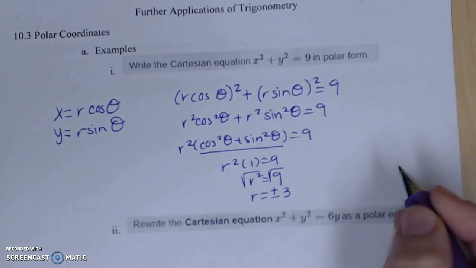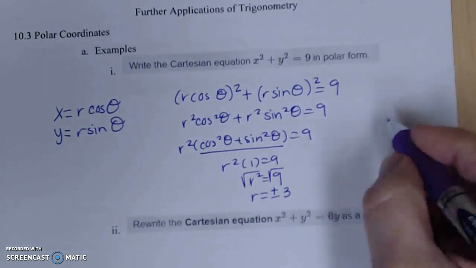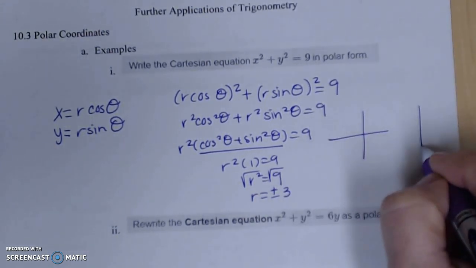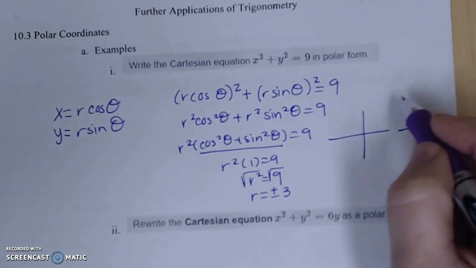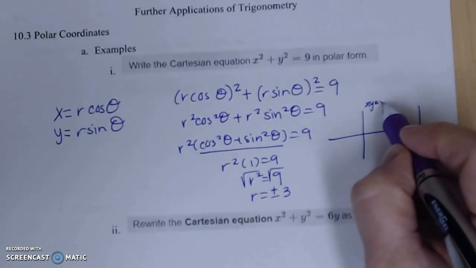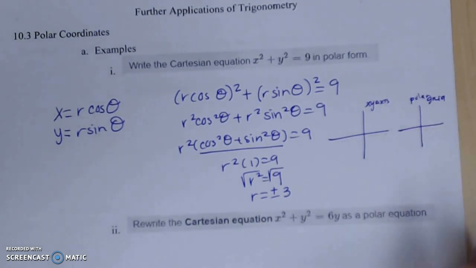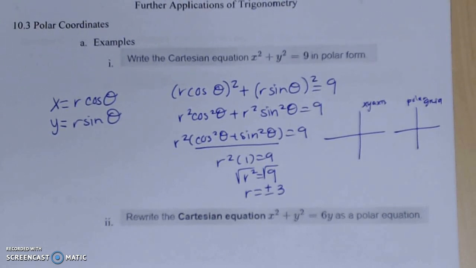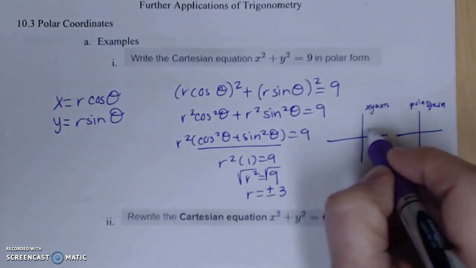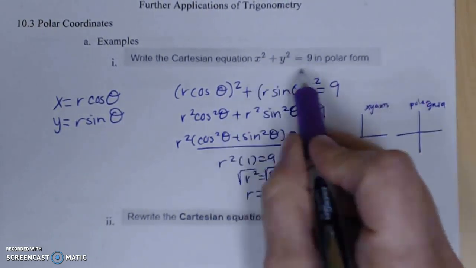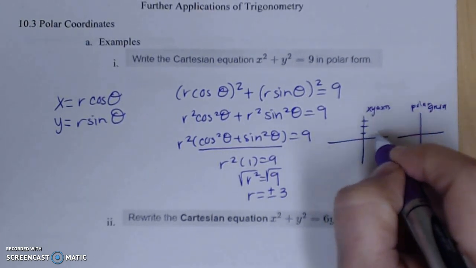Now what's interesting with this is, again, let's consider our two coordinate planes here. Let's look at our xy axis, and let's also look at our polar grid. Both of these graphs look very similar. On your xy axis, this is actually a circle with a radius of 3.